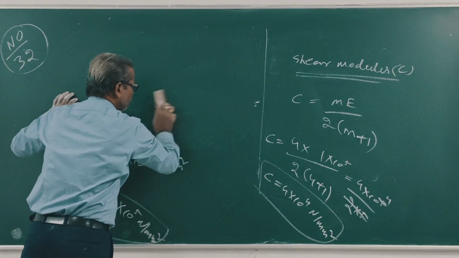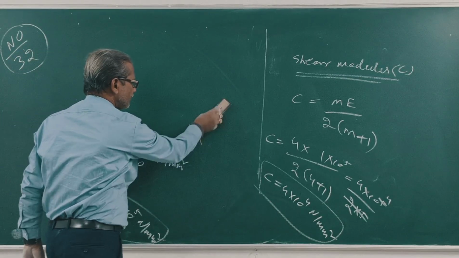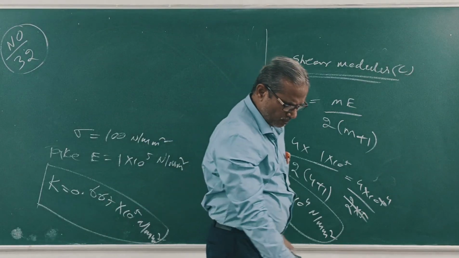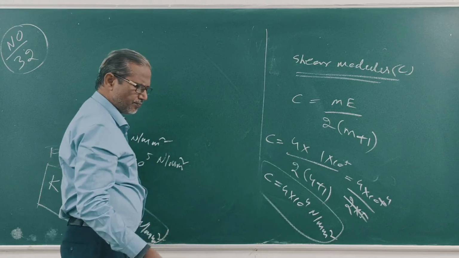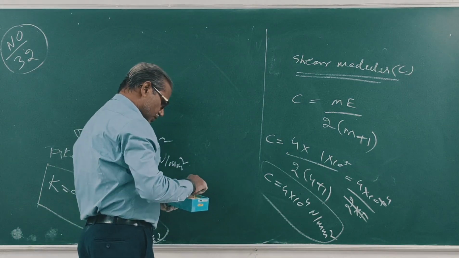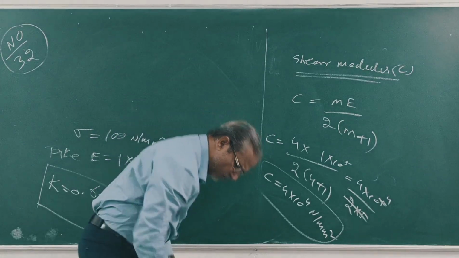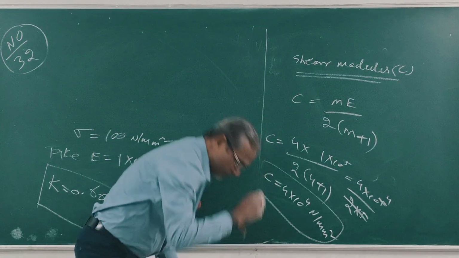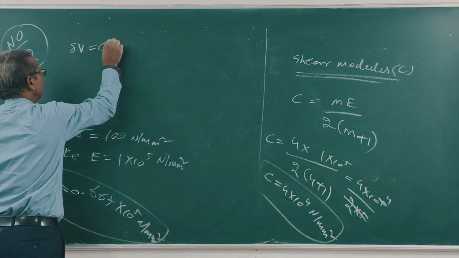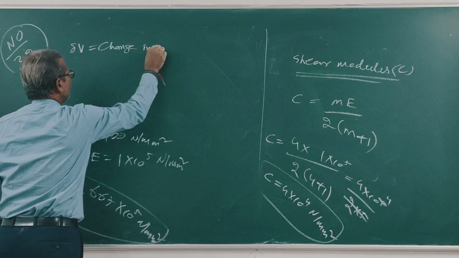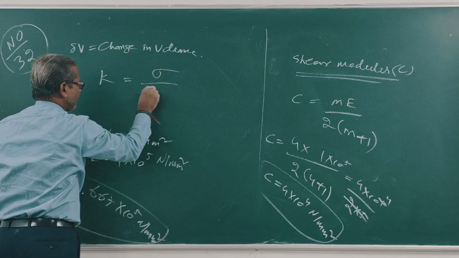Next, change in volume. Now bulk modulus K is equal to, now delta V is equal to change in volume. What is K equal to? Direct stress by volumetric strain.